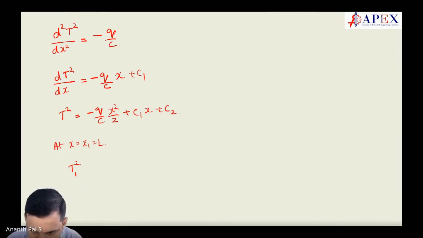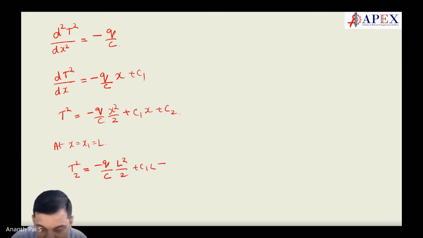Okay, done. So T1, did you get C1 and C2? So T1 square is equal to, we have put it as 2, is it not? T2 square is equal to minus q by c L square by 2 plus C1 L plus C2.